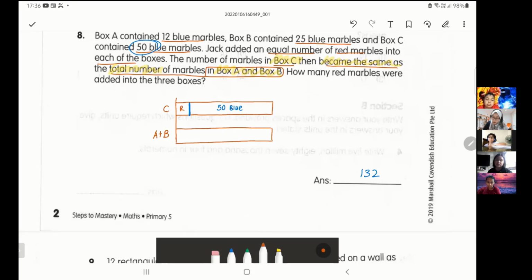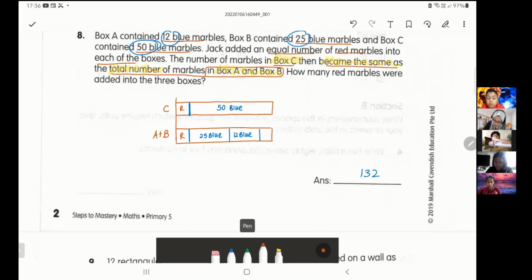Okay, so if I put it down there, then this is also my red, like that, right? And then if you look at the B, they have 25 blue marbles. So let's say my B is about here, 25 blue. This is my B, okay? Then this is my A. A has 12 blue.